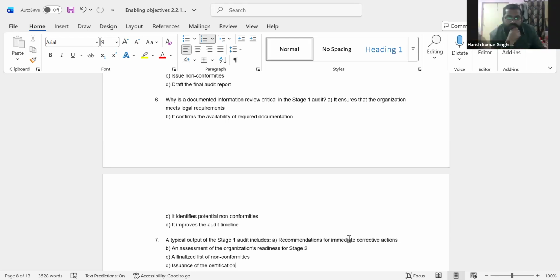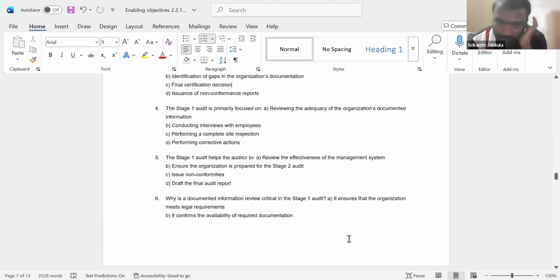I have a question regarding question 5, sir. Why not the effectiveness of the management system option? Okay, Harish. See, stage 1 is only focused on document review. Only in stage 2 will you review the effectiveness of the implemented management system.